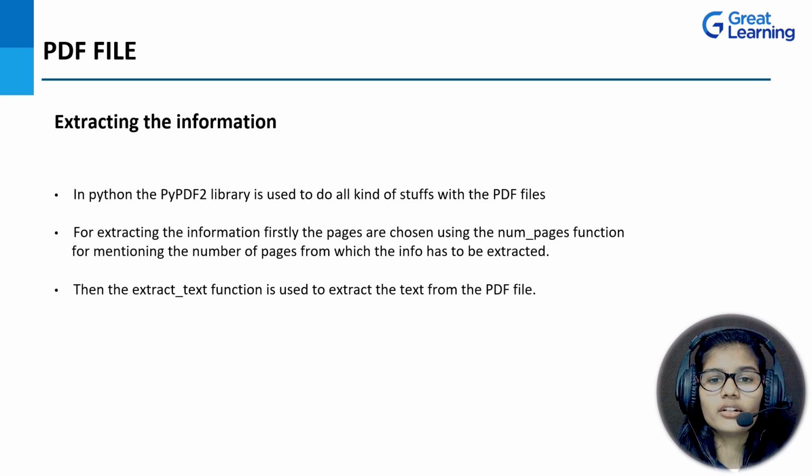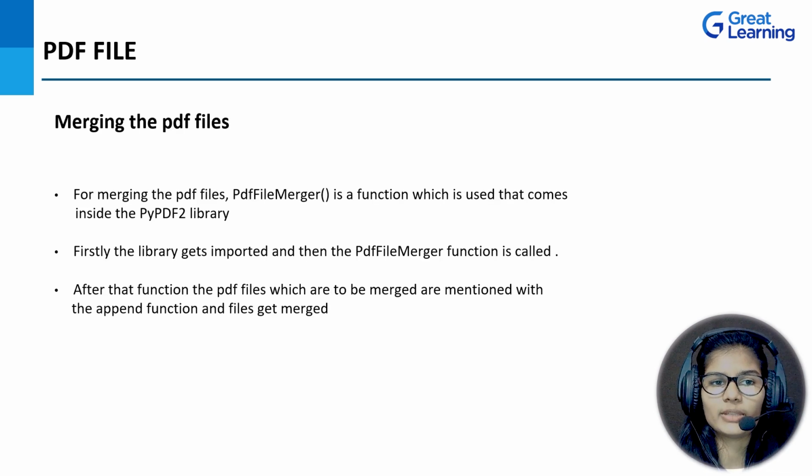That page number is entered using the num_pages attribute. After mentioning the pages, extract_text is a function that is called, and with the help of that function, your text gets extracted from the PDF file. This is how the extraction of information takes place.